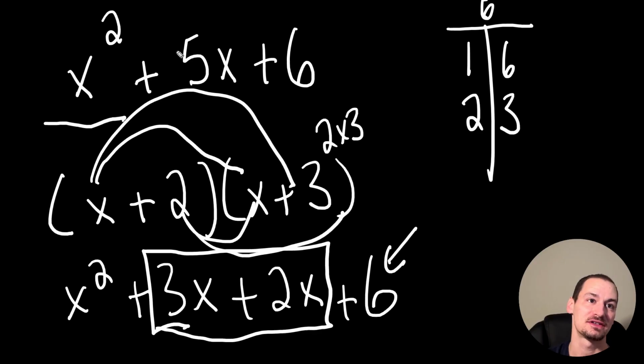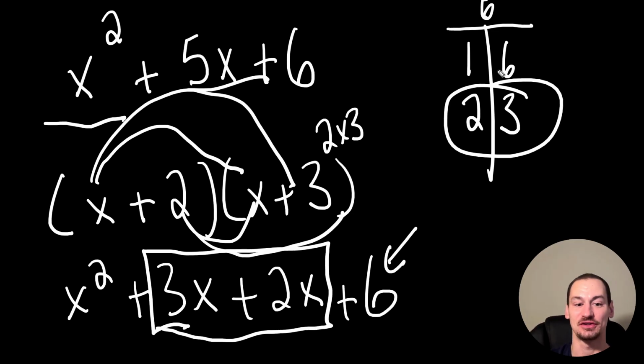And then we see that this 5 comes from adding those two numbers, and that comes from combining the two like terms. So we're looking for numbers that multiply to make 6 and add to make 5. And I think you can see that it's going to be the 2 and 3 there. So this is how two binomials become a quadratic like this.